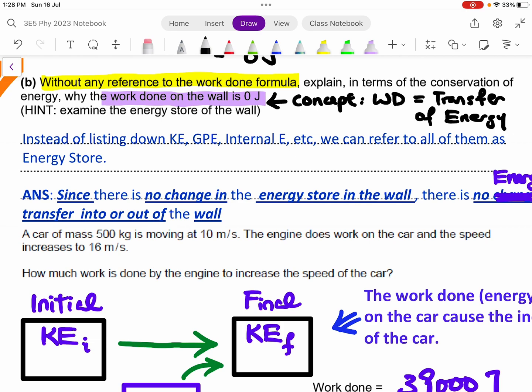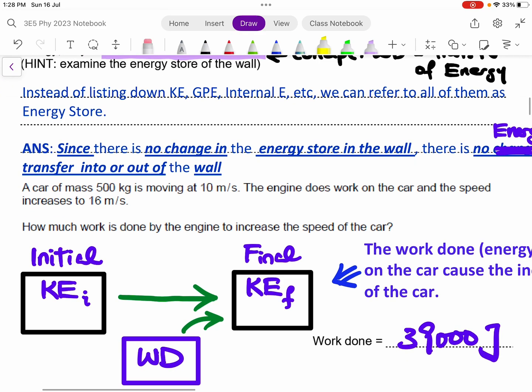For example, how do I prove that your father has given you some pocket money? Well, I just need to check whether your left pocket and your right pocket have any increase in pocket money, right? If there's no increase, it means that no one has given you money, since money cannot be created or destroyed.